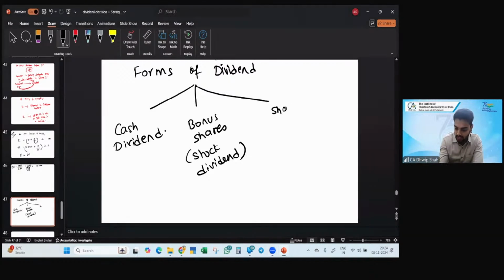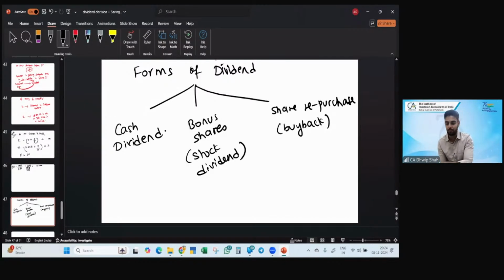And third is share repurchase. If you have not learned that, I think you need to revise. Third is share repurchase, meaning buyback of shares. Third is dividend in the form of buyback of shares, meaning the company is paying cash but taking the shares back.